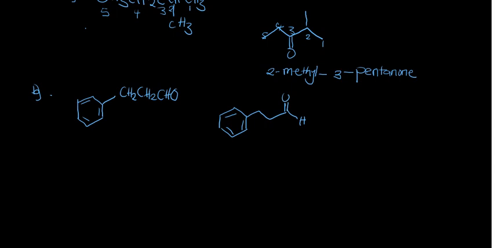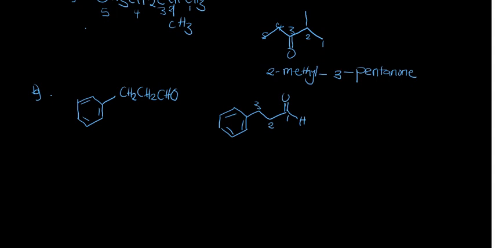We have an H at the end. This is an aldehyde. So now we can number it, starting from the functional group: 1, 2, 3. Then this which is attached to carbon number 3 is what is called a phenyl, because it's attached to the functional group chain. So let's start naming with this substituent.